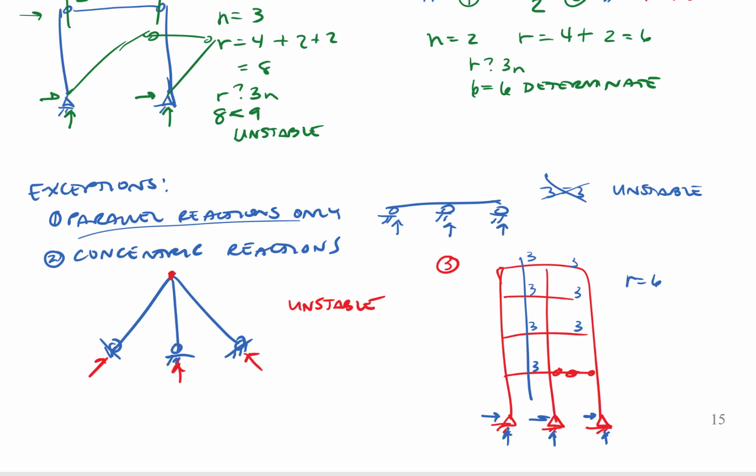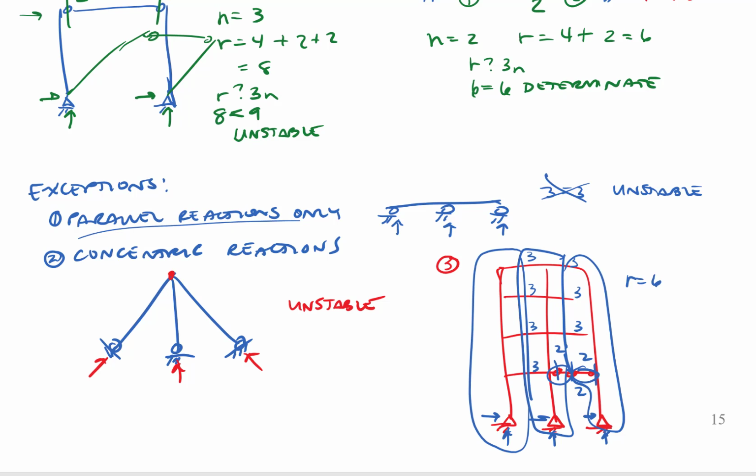So I only have 2. 2 and 2. I have 1 piece, 2 piece, 3, 4, and 5. So I have 5 pieces. I have 3, 6, 9, 12, 15, 18, 21, plus 6. I have 27 internal forces. 33 total.